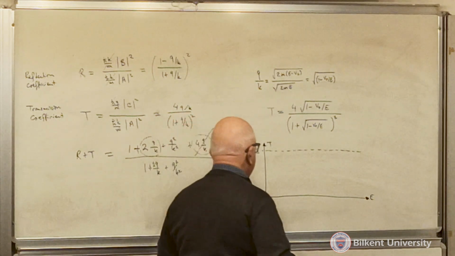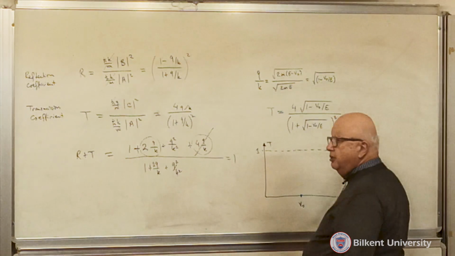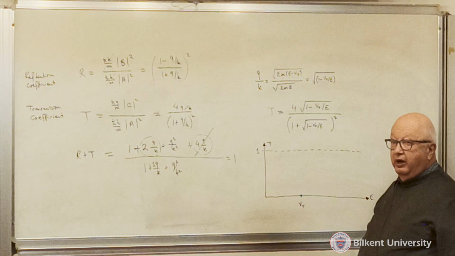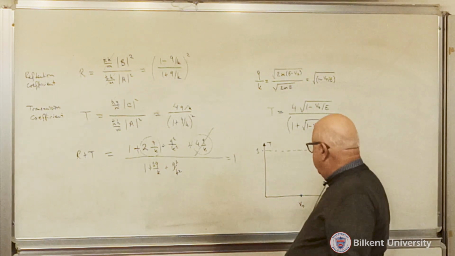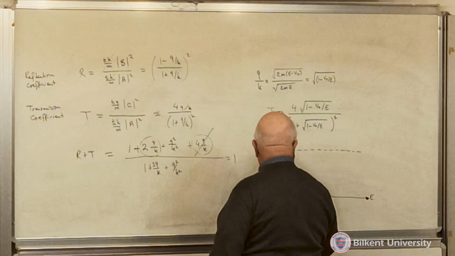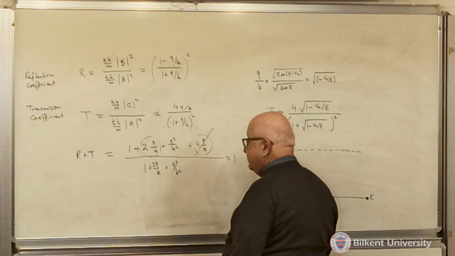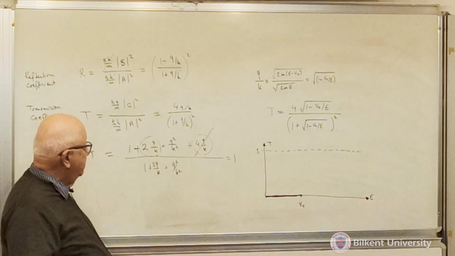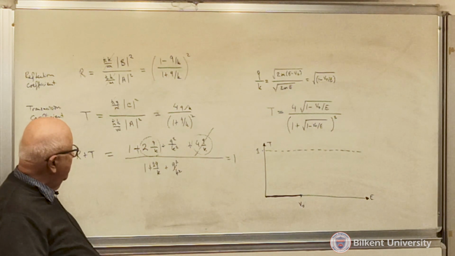And we know that when energy is less than V0, we found out that transmission was 0, right? Everything is reflected. So I have this transmission curve equal to 0 until my energy gets to the classical limit on which the particle can go on the other side.